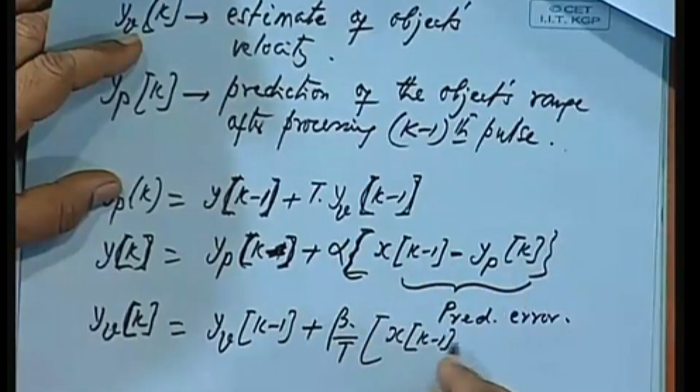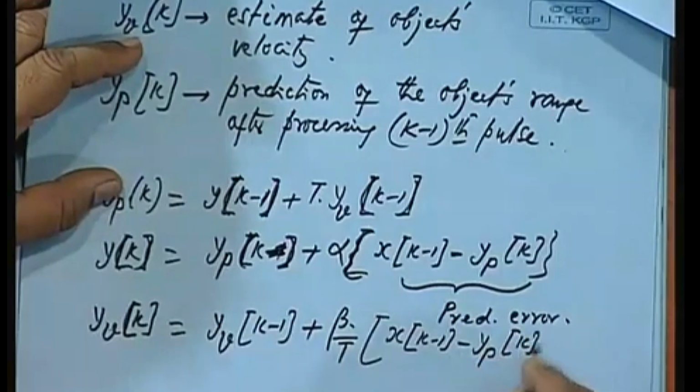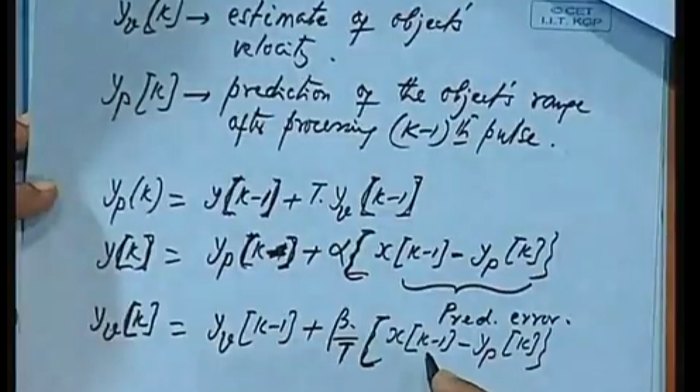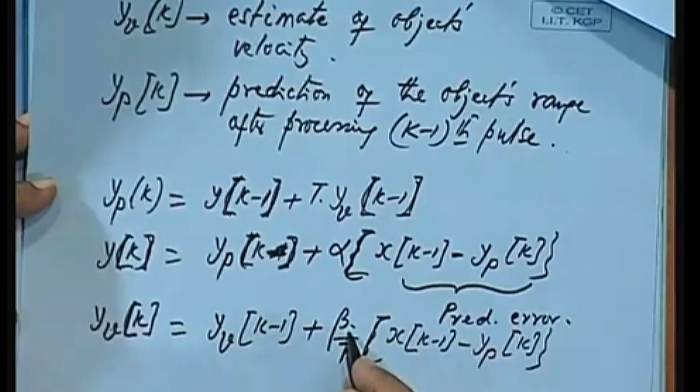Is that all right? Whatever is the error in the position, divided by that time T gives me the error in the estimate of the velocity. That multiplied by a factor beta, added to the previous estimate of the velocity, will give me the present estimate of the velocity. Okay. This is known as an alpha beta tracker.